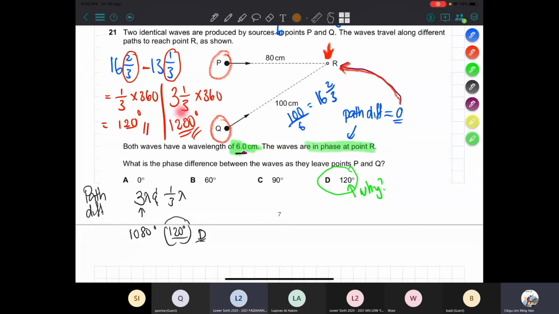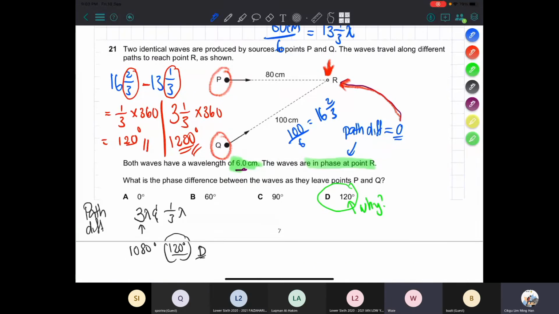You get 1200, but this is a gap of 3 wavelengths and 1/3 wavelength. So 1200 minus this, the remaining will be the phase difference. I think I will also not score here. It's quite weird. Okay, clear.